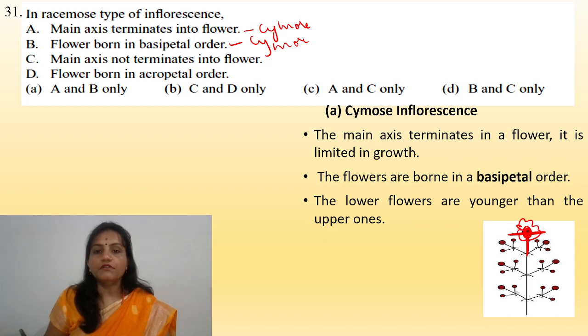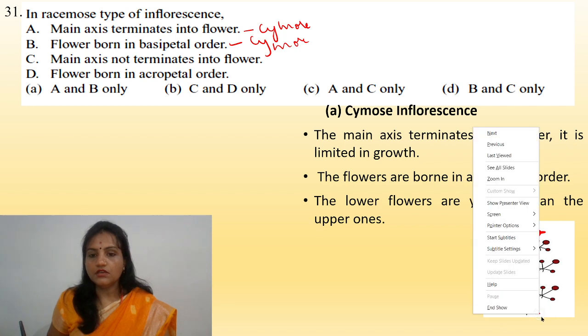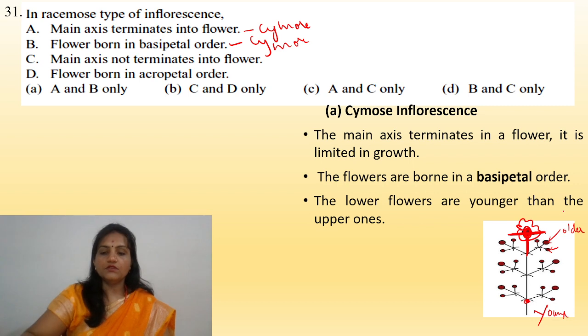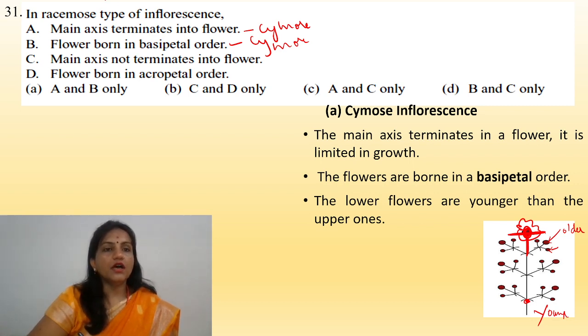It has limited growth. The flowers are borne in basipetal. Basipetal means the lowermost flowers are younger flowers, and here you can see these are younger and this one is the older. This is cymose.